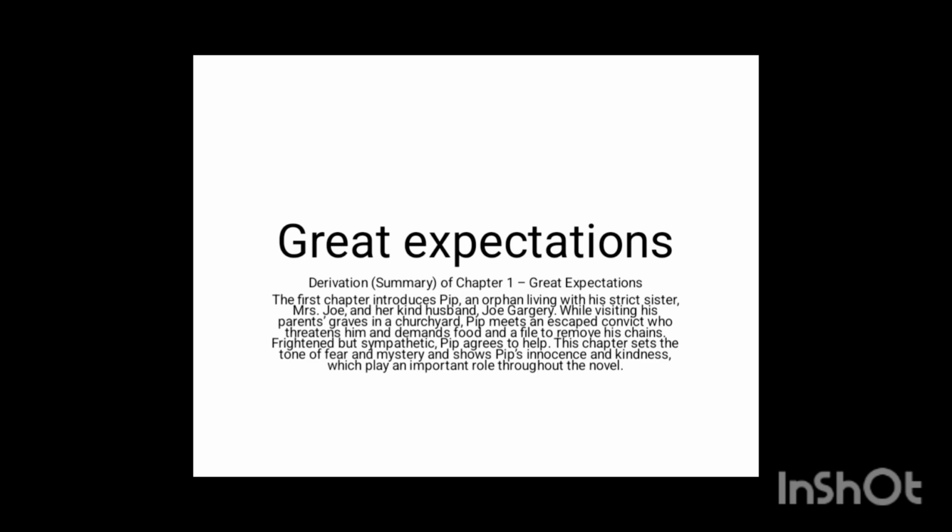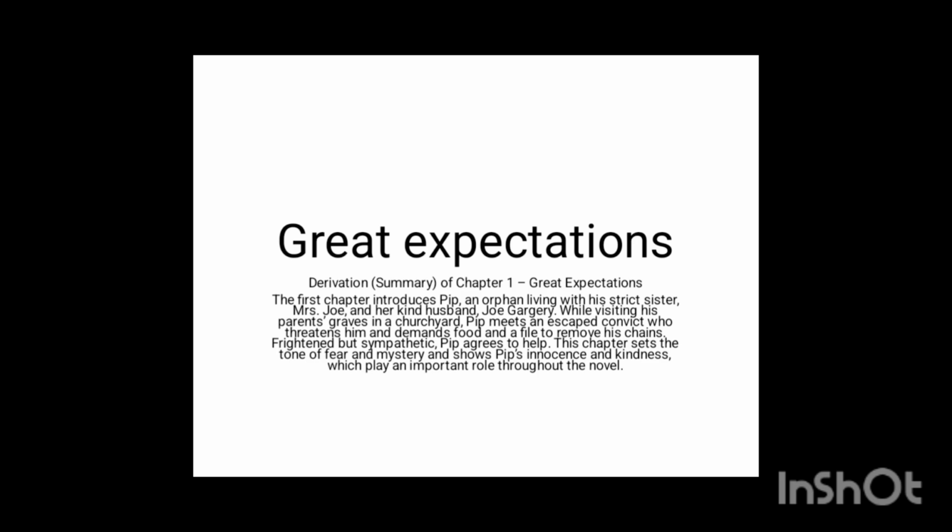The first chapter introduces Pip, an orphan living with his strict sister, Mrs. Joe, and her kind husband, Joe Gargery. So here, in the very first sentence, you come to know that there is a sister whose name is Joe, and she's very strict.